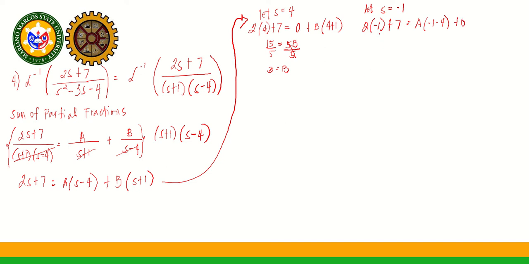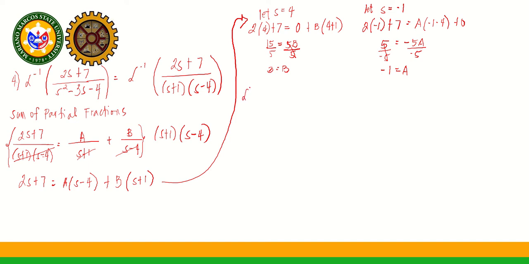So, 2 times negative 1 is negative 2 plus 7, that is 5, equal to A times negative 1 minus 4, that is negative 5A. So, dividing both sides by negative 5 to solve for the value of A, so your A is equal to negative 1.